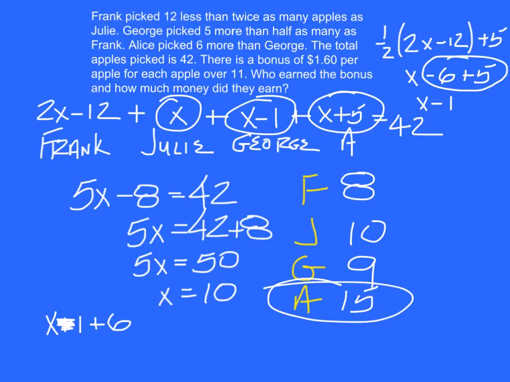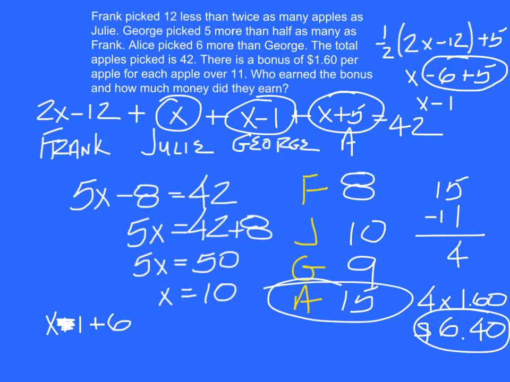Alice has the bonus. And how many apples did she go over the limit of 11? 4. So what do I do to 4? 4 times 160 is what? $6.40. So Alice had the bonus for $6.40.